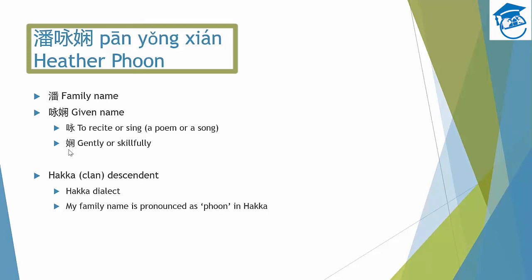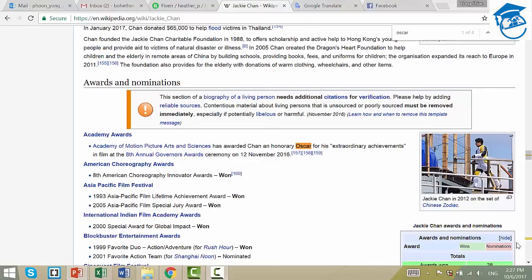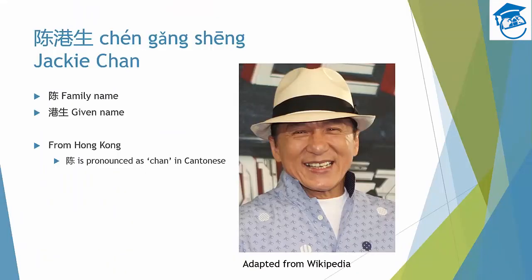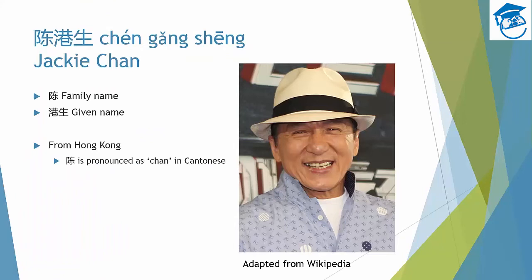And of course, this is not only my case. Even movie stars like Jackie Chan have a similar situation. In case you don't know who he is, he is quite a famous actor in many Chinese and also English movies, and recently he was awarded an honorary Oscar for his extraordinary achievements.